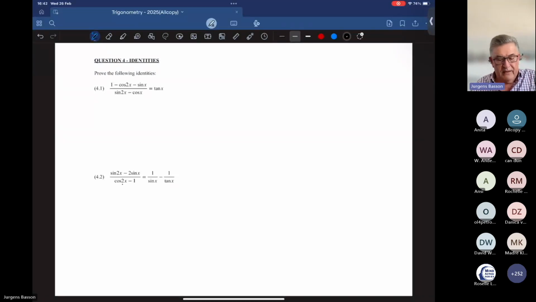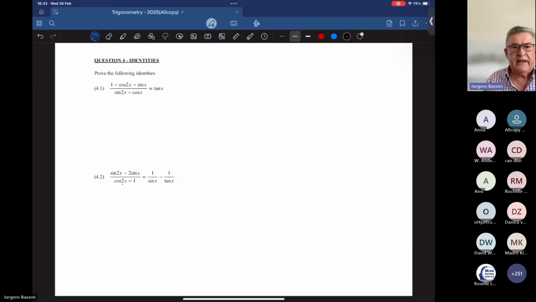Yeah, happy. Ladies and gentlemen, these identity problems, it's a real issue when we see a double angle for cos. Double angle for sine is not so much a problem. Double angle for cos is the issue.